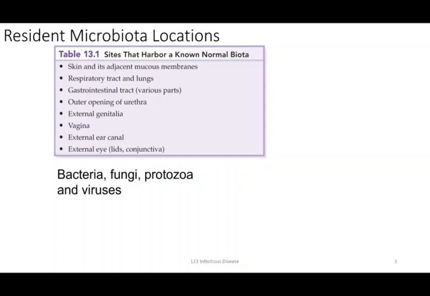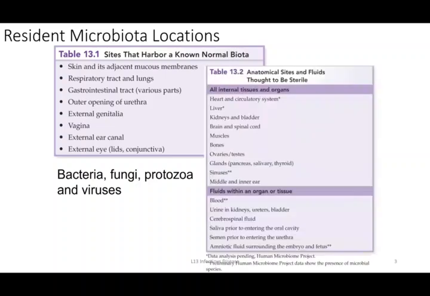In terms of the microbiome, we've seen this before, and I just want to remind you of where it's located. So this is a list of where we know the microbiome members exist. And so it's really anything that has connections to the outside environment.